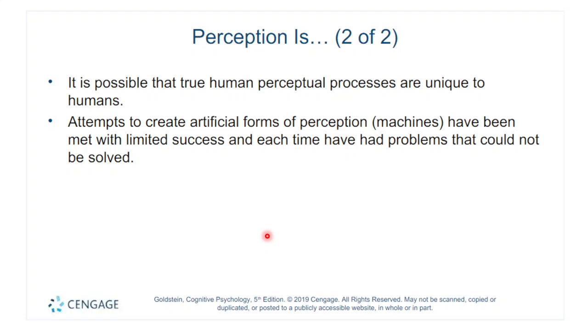However, up until now, it's quite difficult for them to accurately duplicate our way of perceiving. This is because of many reasons that we will learn as we go through the chapter. Attempts to create AI or artificial forms of perception have been met with limited success, and each time had problems that could not be solved.